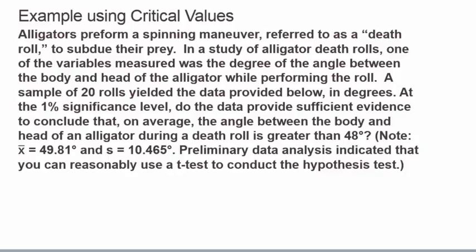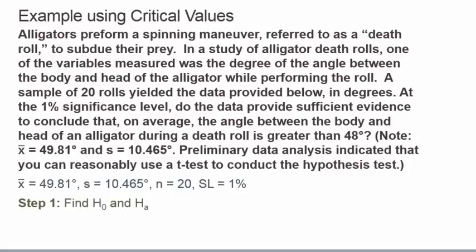Preliminary data analysis indicated that you can reasonably use a t-test to conduct the hypothesis test. We know our sample mean and sample standard deviation as given in the problem. Next, we need to find our sample size, n equals 20. Next, we want to find our significance level, which is 1%.